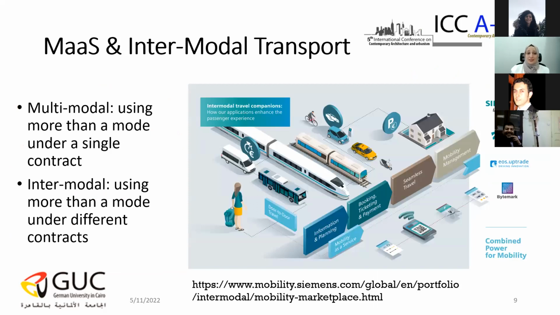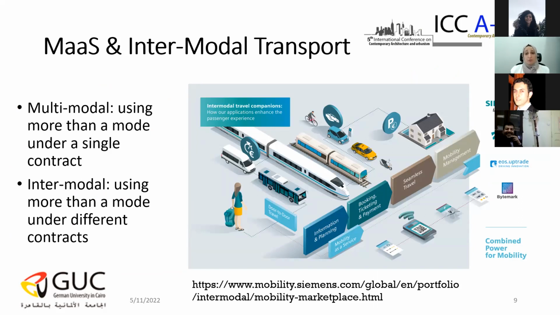So mobility as a service is a very good solution that can help and coordinate simply between the different modes of transport, by sharing information and enabling planning of the trip. And by mobility as a service, we can also afford intermodal travel in a very reliable way.